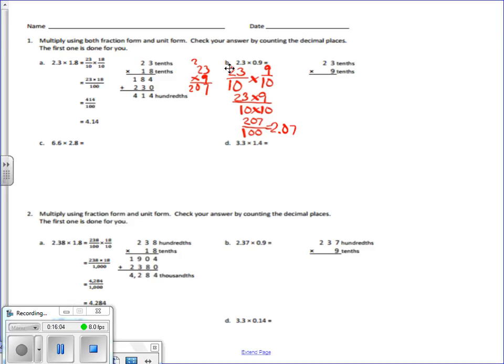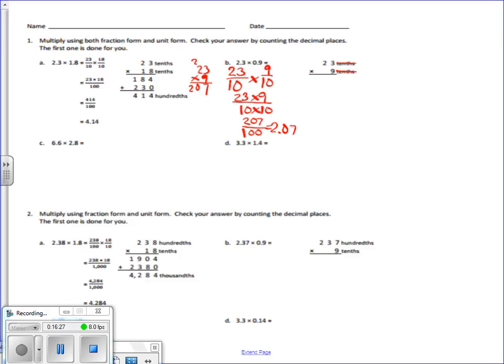So this is one way to solve. This is one method. My personal preference, I don't like it. So what I want you to do is cross out the words. Please don't do that.